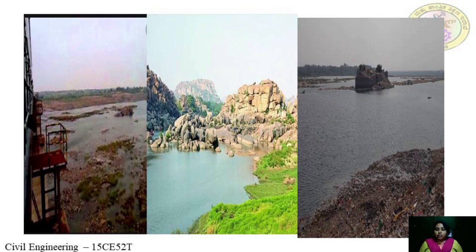In the second image, the passage of the river has decreased due to the growth of vegetation on either side. And in the third image, you can see the sediment deposits very clearly, the condition of the Tungabhadra reservoir.